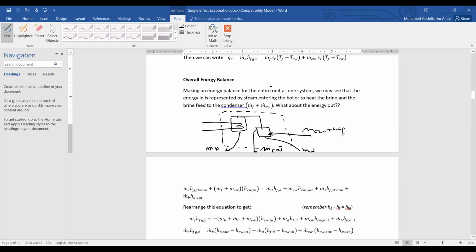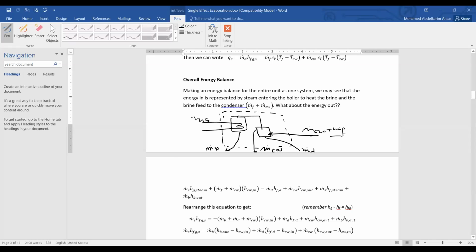So sometimes you focus only on that control volume and see what crosses it. M dot steam crosses the control volume in and out. M dot brine is rejected, crossing the control surface. M dot cooling water is rejected here, crossing the system. M dot distillate is leaving, this is our product, and then M dot cooling water and M dot feed are coming in. So you need to associate each of these masses with its enthalpy.